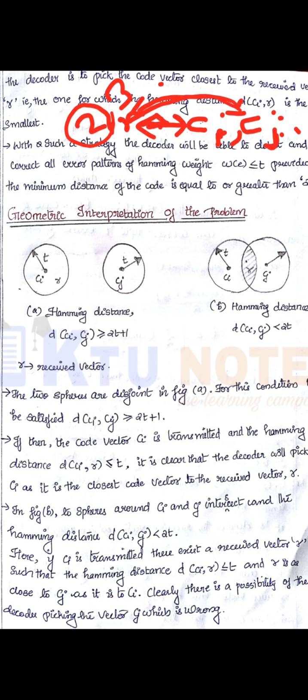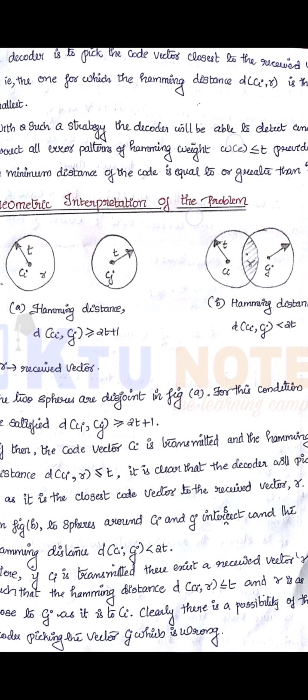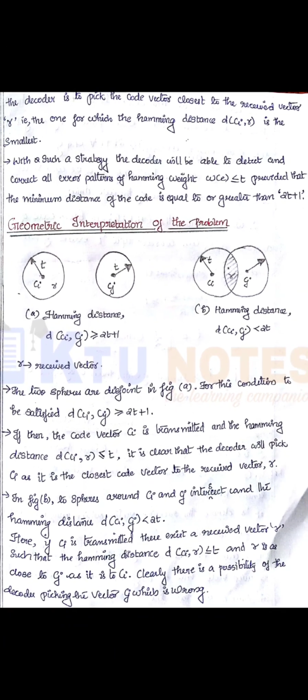So if we have a list of code words to select from, we calculate the distance between the received word and the list, and select the code word with the minimum distance between R and C. Okay, so this is how it is useful for error detection and correction.